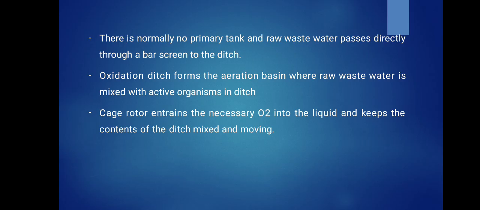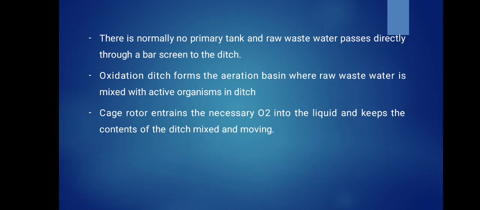The oxidation ditch forms the aeration basin where raw wastewater is mixed with active organisms in the ditches. Then the rotor starts rotating. It entrains the necessary oxygen into the liquid and keeps the content of the ditch mixed and moving.